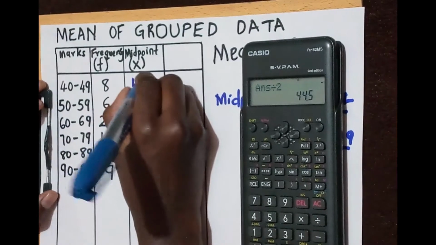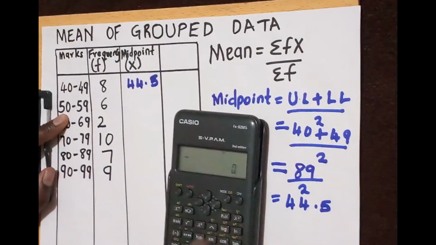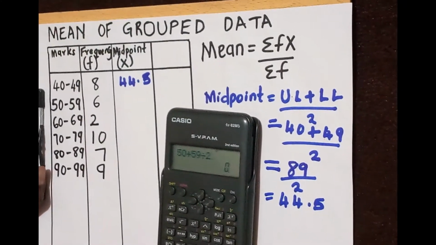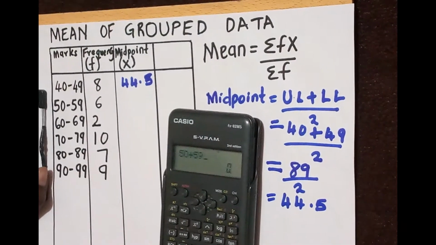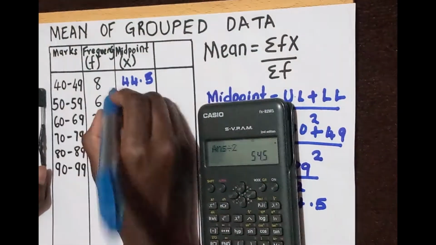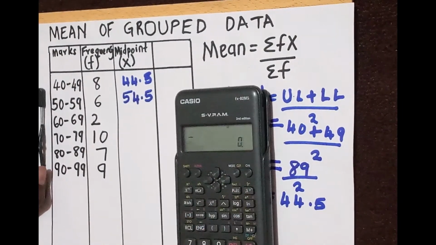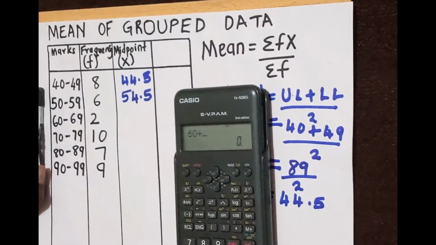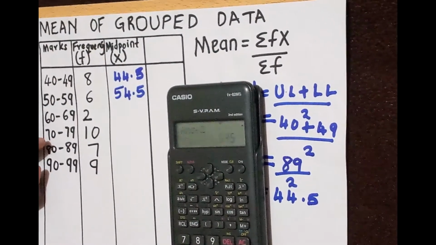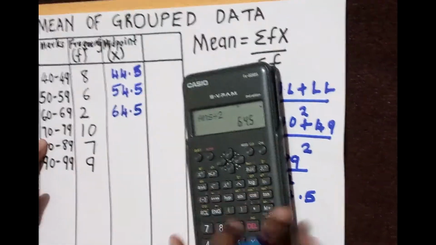Come and write 44.5. Continue with the rest. 50 plus 59 divided by 2. Sorry, 50 plus 59, 109 divided by 2, you get 54.5. 60 plus 69 equals to 129 divided by 2, 64.5.